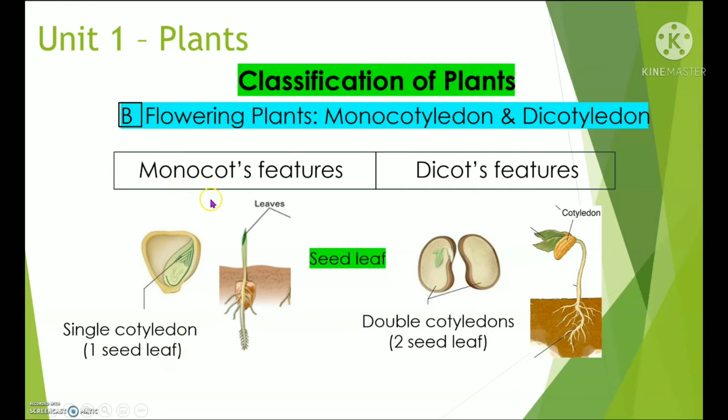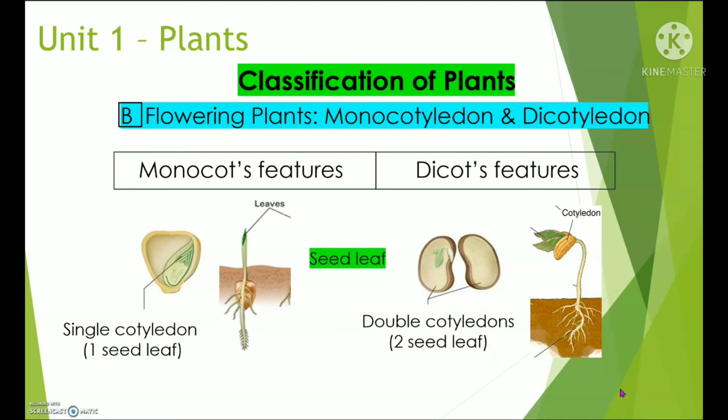Okay, so monocots have only one seed leaf. Let's see the dicot features. So the dicot, we can see that there is one, two, or double cotyledons. It has two seed leaf.